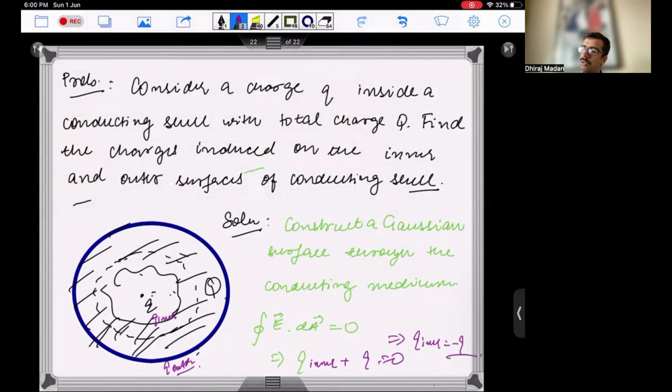Because the net charge enclosed includes this point charge q, and then there is a charge induced on the surface, which is Q inner. This Q inner must be minus q. The net enclosed charge is the sum of this, which must be zero.